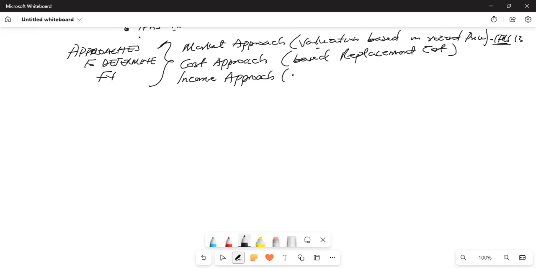Yes, Rampa. Net realizable value? No. Yes, who else? Replacement cost. I've already written the replacement cost. I'm asking for the income approach. Yes, who else? Okay, I have something in the chat.